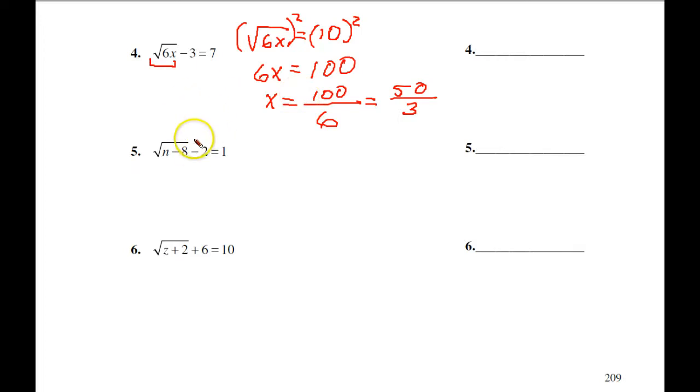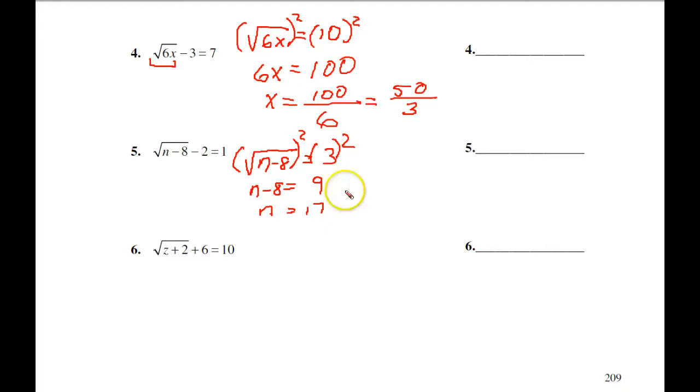And in this one, again, we're going to transpose this. So we get the square root of n minus 8 equals 3. Square both sides. n minus 8 equals 9. Transpose that. That gives us a 17. So we get n equals 17.